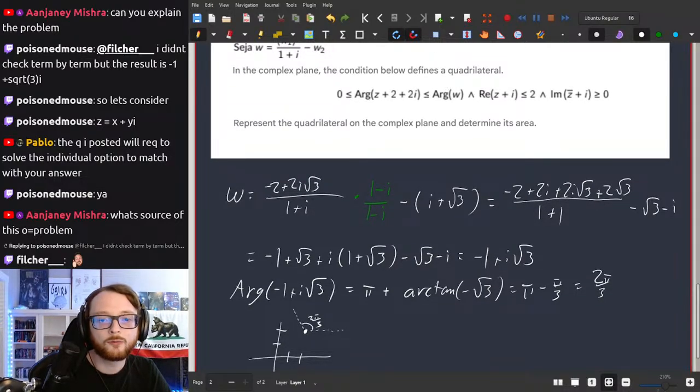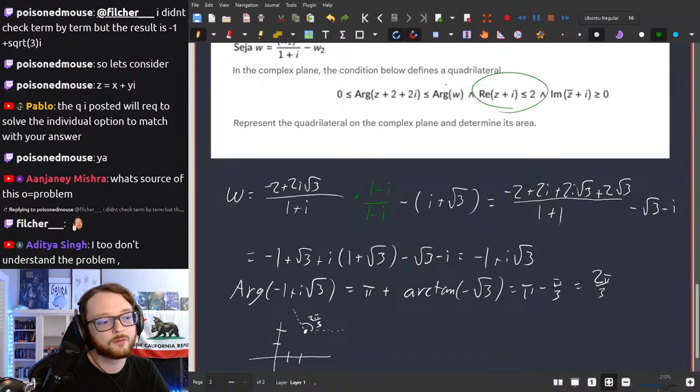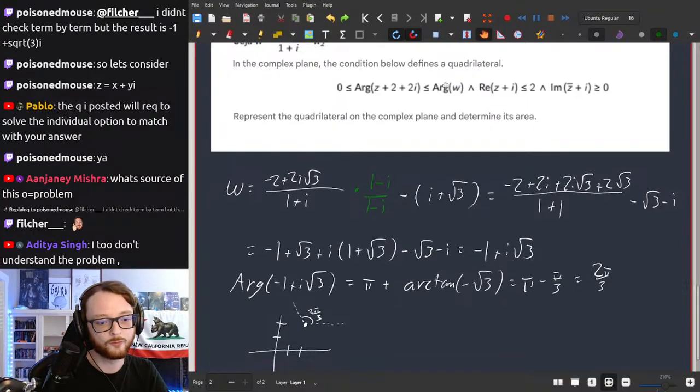So the real part of, where's my cursor? Oh, I'm writing white on white. The real part of z plus i is less than or equal to 2. What does that mean?